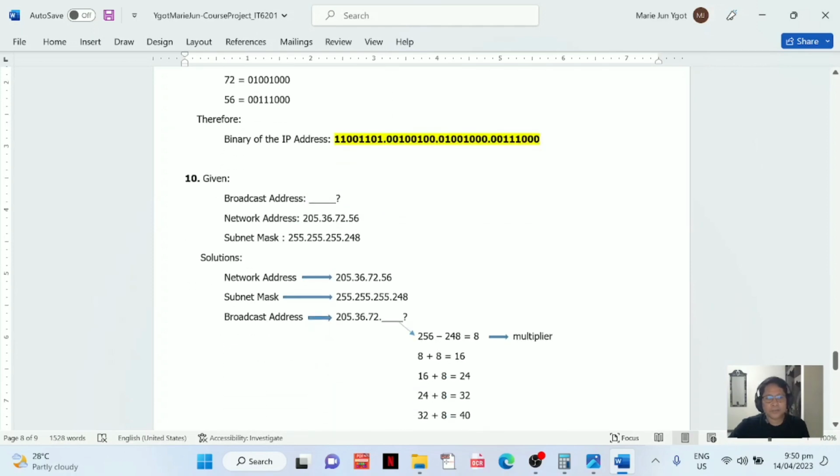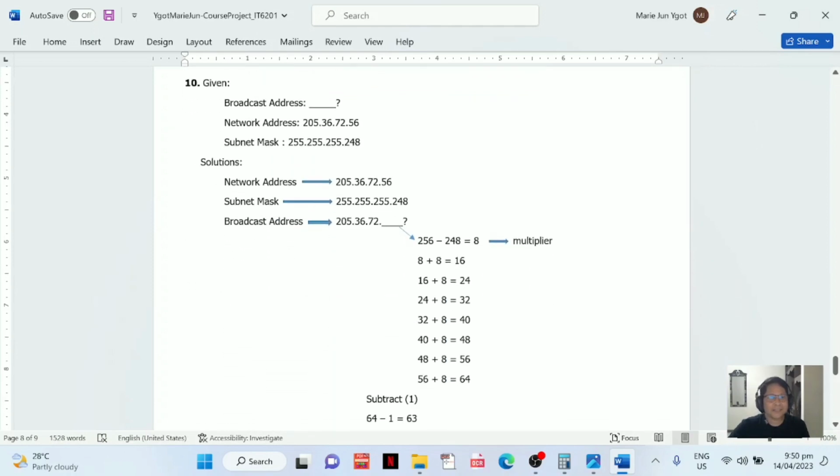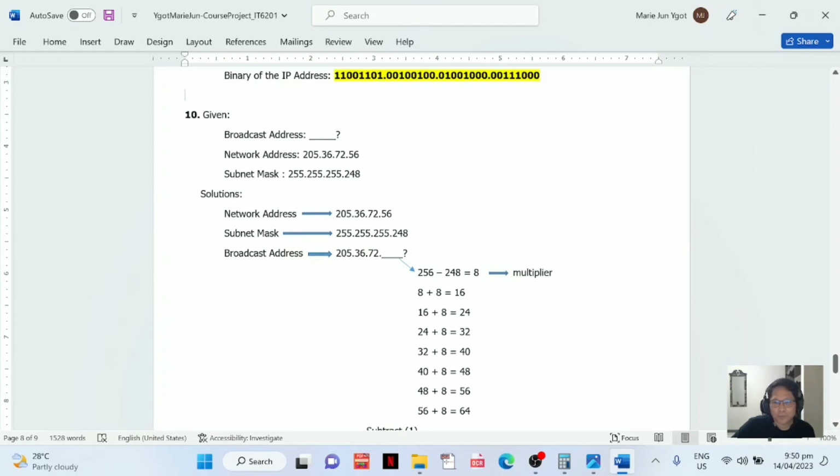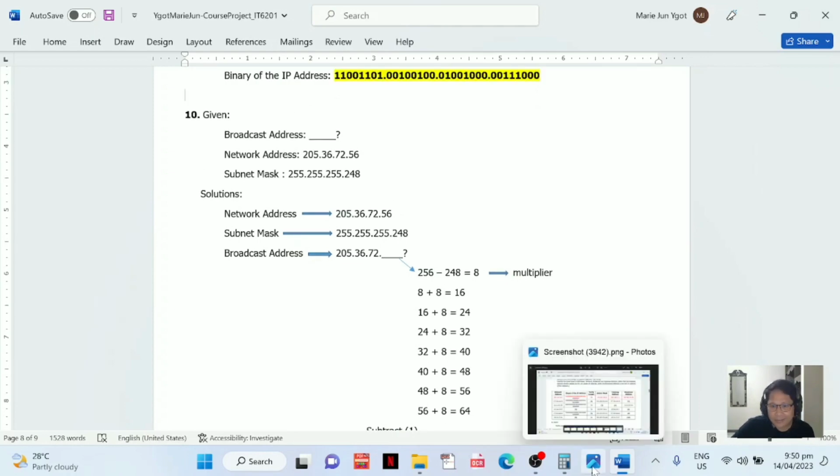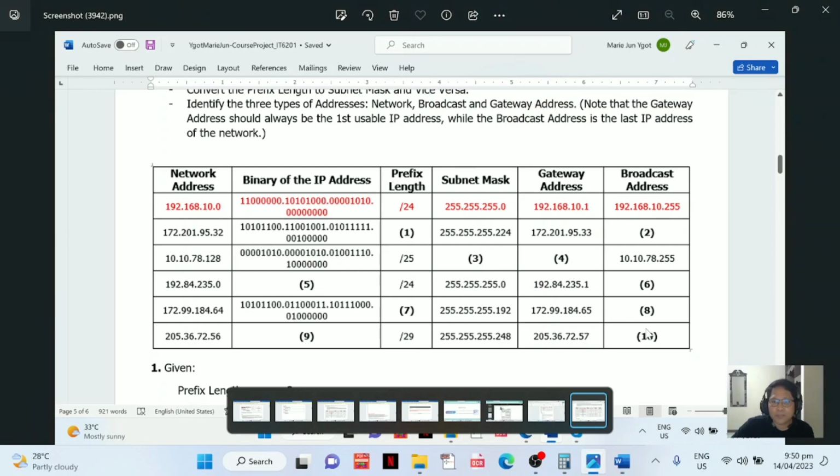Okay, so the last number but not the least. So we're going to find what is asked. So number 10. We're going to find, again, the broadcast address. In order to get the broadcast address, we need to know the network address and the subnet mask.